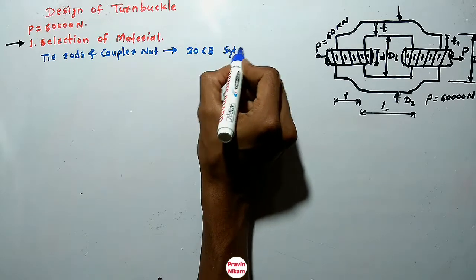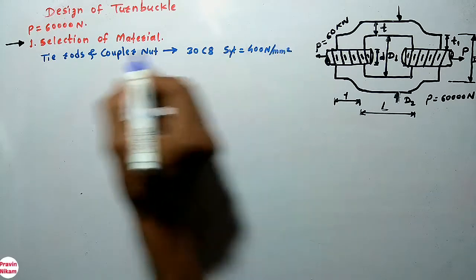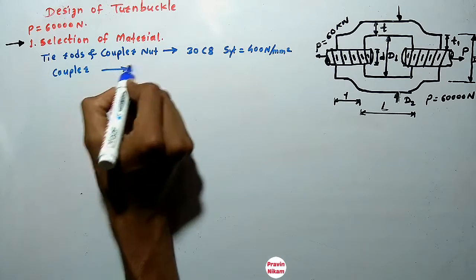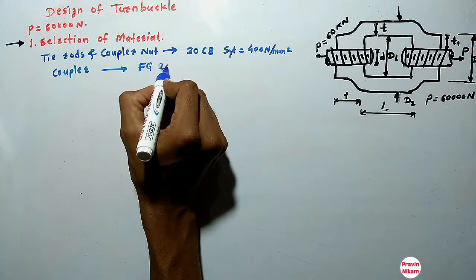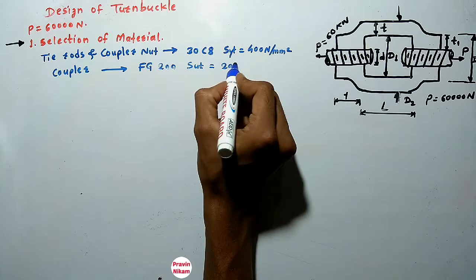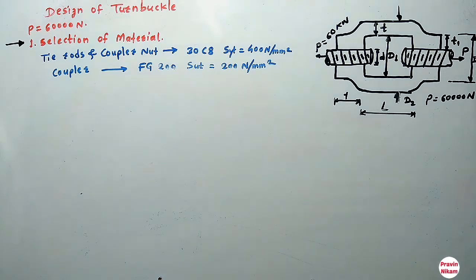For that SYT is equal to 400 Newton per mm square. And for coupler, grey cast iron of grade FG 200 is used. So SUT is equal to 200 Newton per mm square is the ultimate strength for grey cast iron of grade FG 200.